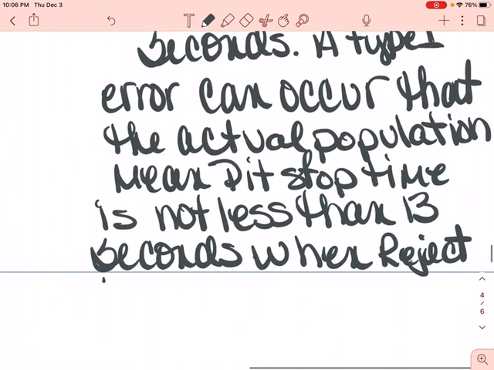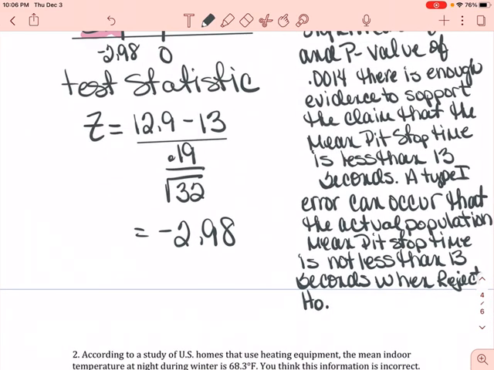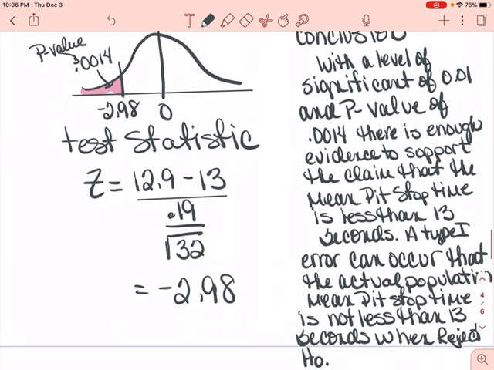I'm sure there's a better way to say it, but that's what I wrote. Okay, I know that's lengthy. Okay, we're going to practice it.